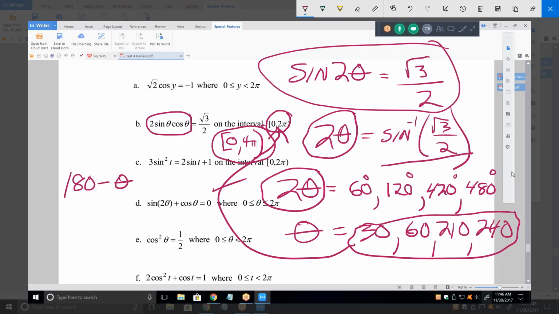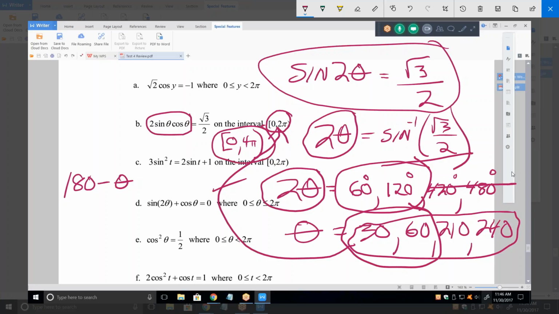But notice that if we do not expand the domain to 4 pi, we don't get those 2 answers. If we always think of 2 theta as being in the domain from 0 to 2 pi, we're only going to get 2 answers, and we're going to miss 2 answers.